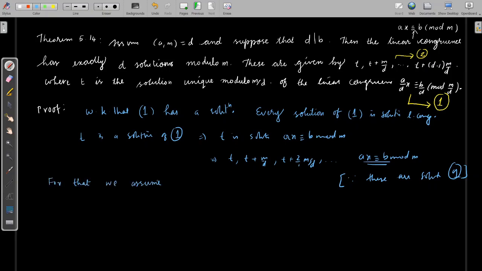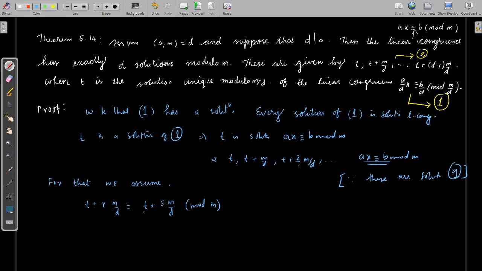For that, we assume two solutions are not incongruent. Say T plus r times M/D is congruent to T plus s times M/D mod M. We need to prove that these are incongruent modulo solutions with the modulus M. So for that we assume a contradiction, or we assume the contrary.